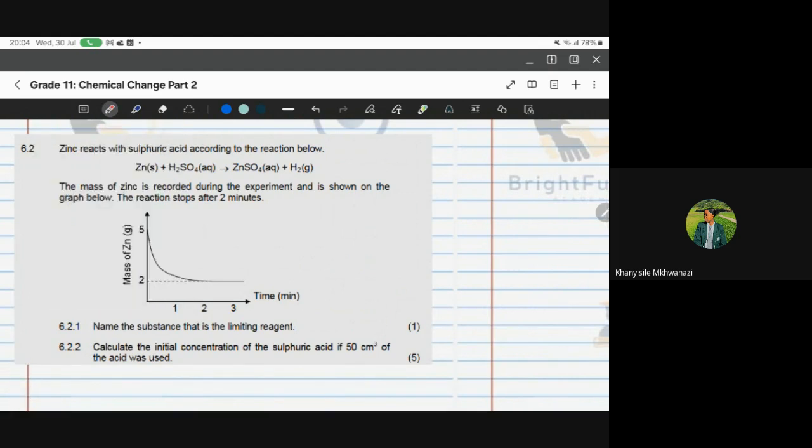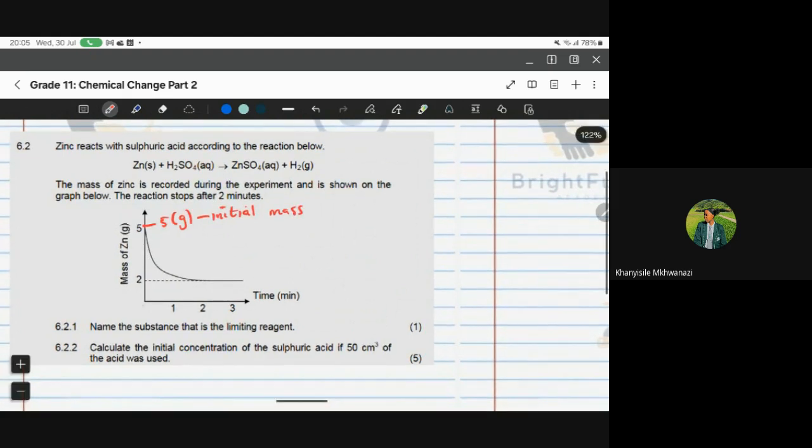So in this graph, they're saying initially we had a mass of zinc being 5 grams. That's our initial mass. How do you know this is your initial mass? Because you know the graph starts at 0. So that means before we started recording, when we were just starting, we had 5 grams of zinc, right? And now as time proceeds, obviously zinc is reacting with this sulfuric acid.